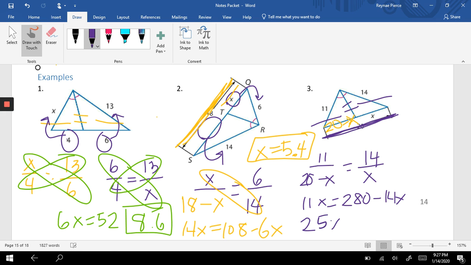That's 25x equals 280. Divide both sides by 25, then my x value is 11.2. And that's your answer.